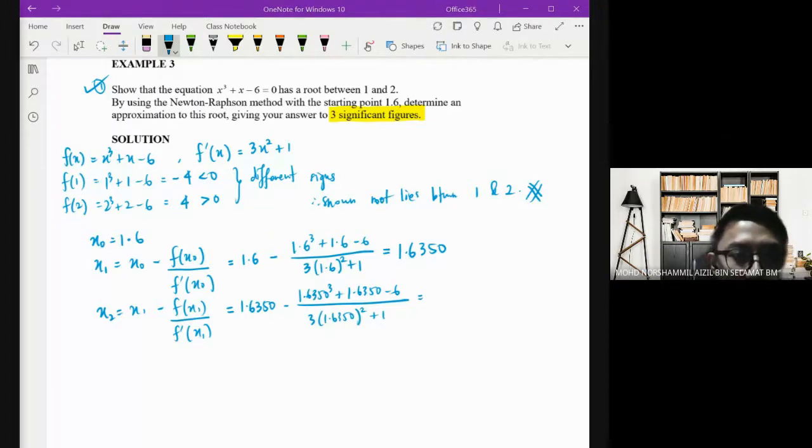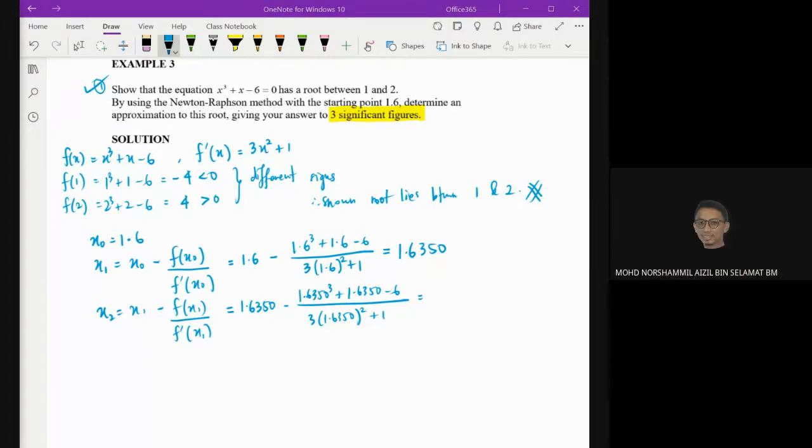Okay guys, calculate this one for me. Calculate, please.